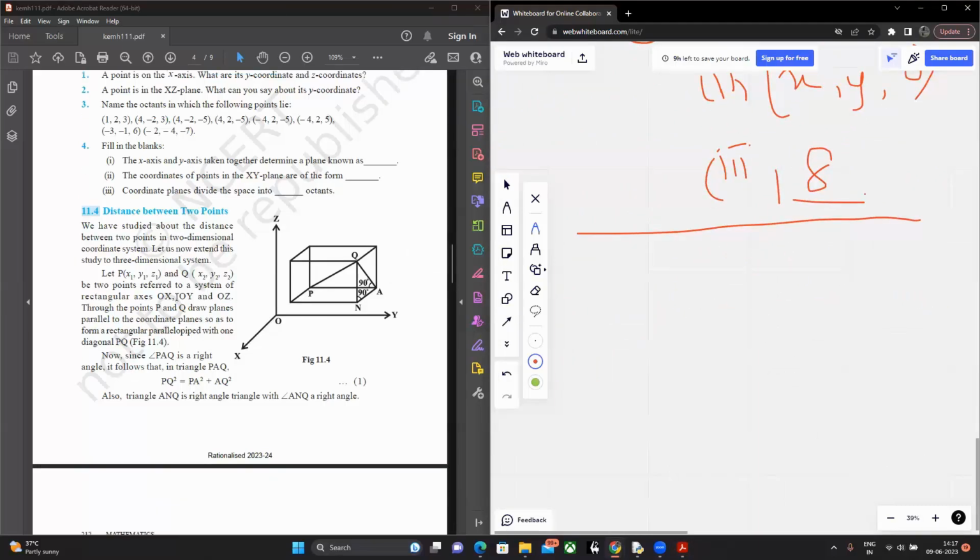In 11.2, we are going to deal with the extension of the distance formula in 3-dimensional space.